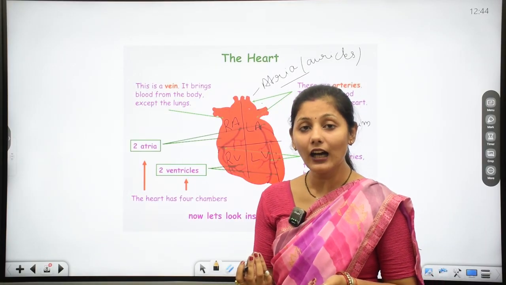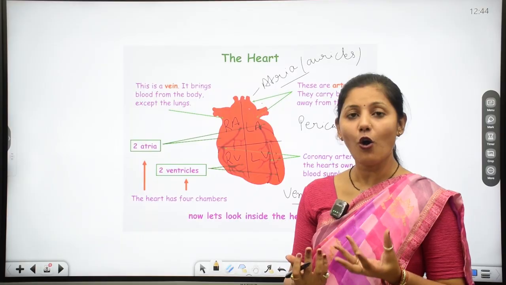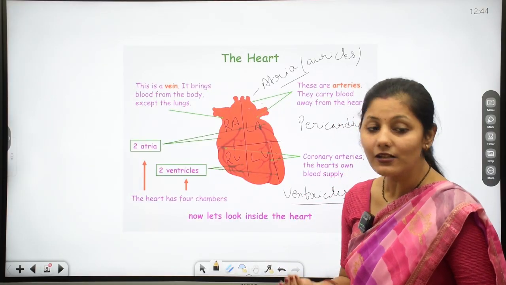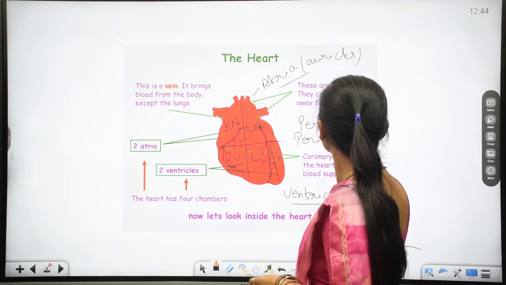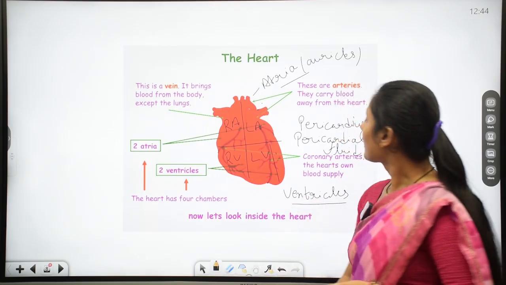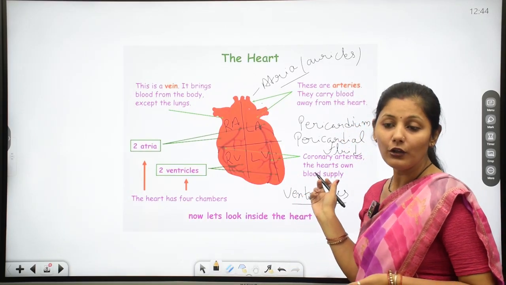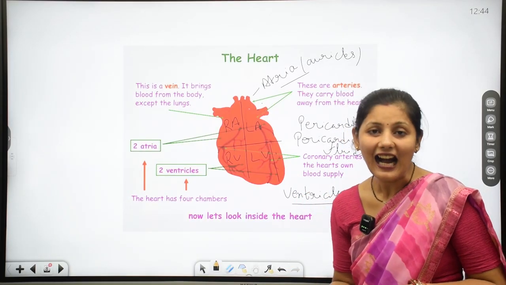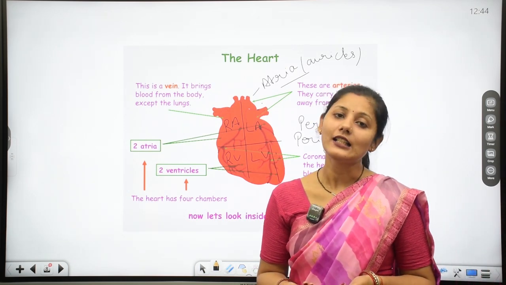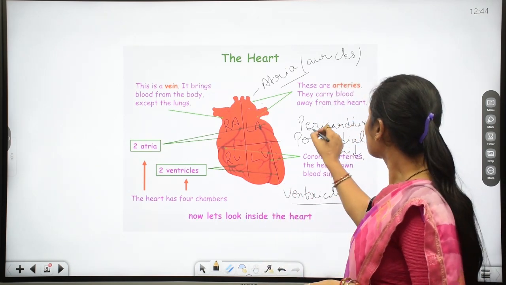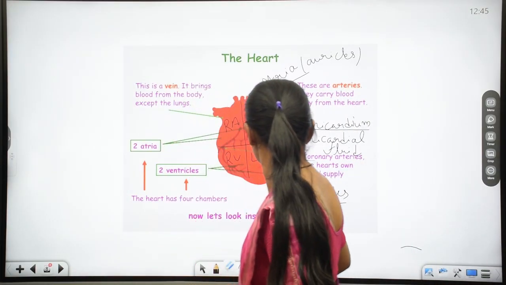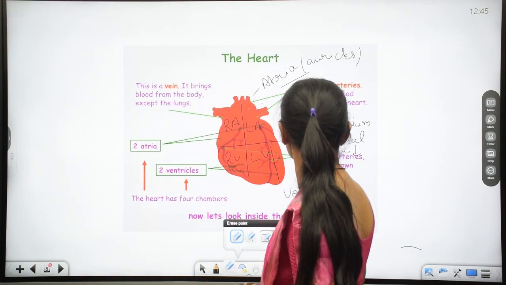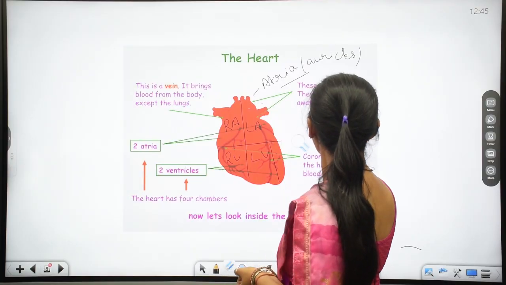So it protects the heart from any kind of shock and jerk, and this fluid is known as pericardial fluid. The wall is known as the pericardium. Now you all understood about the structure of the heart.